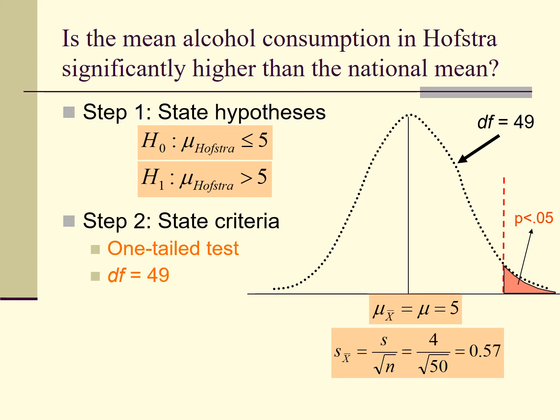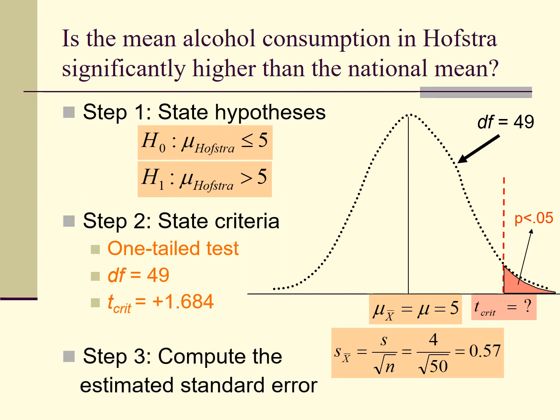It tells us which t-distribution we are using. Then we need to look at the t-critical score instead of the z-critical score. The t-critical score is 1.684. We use the t-table to find the t-critical score.